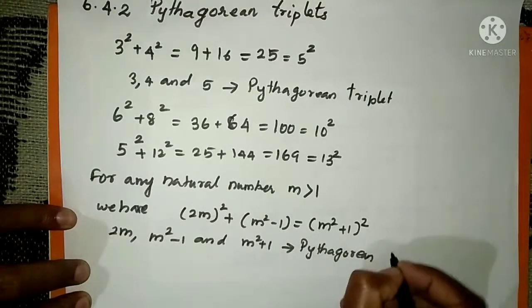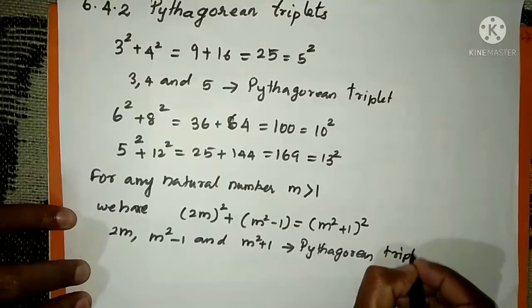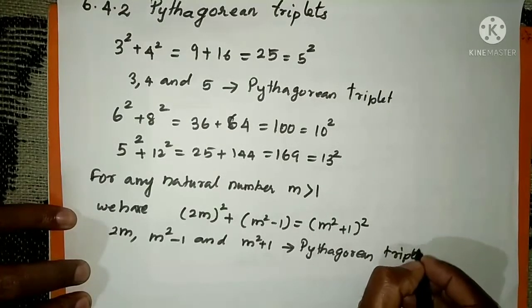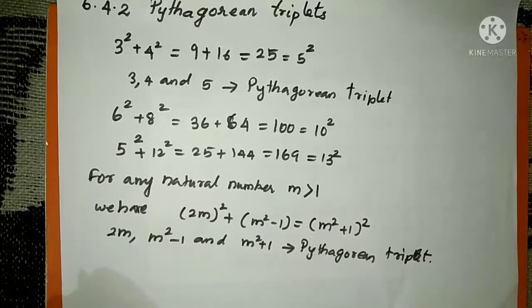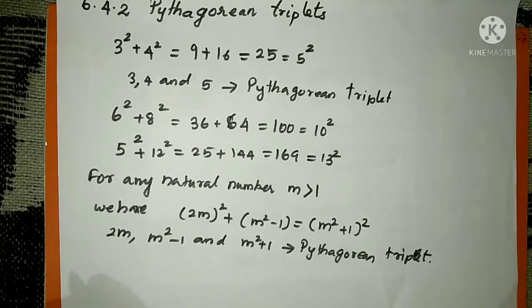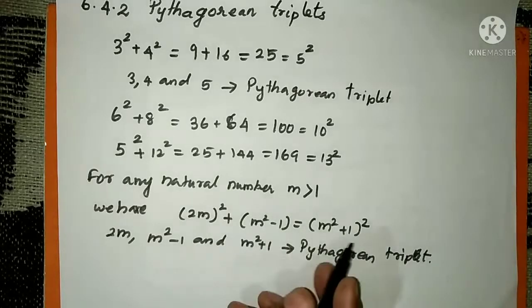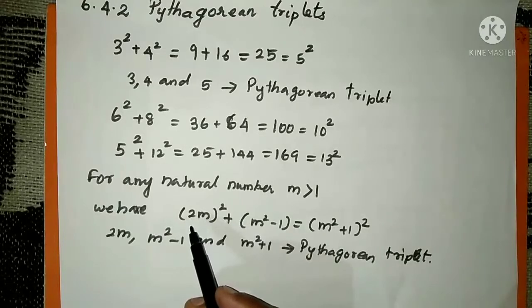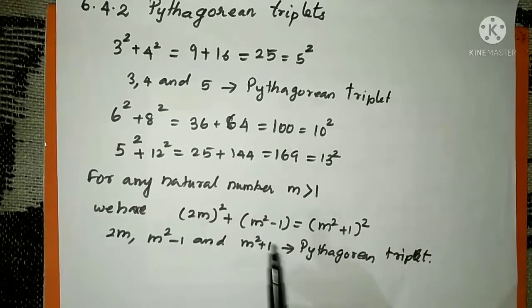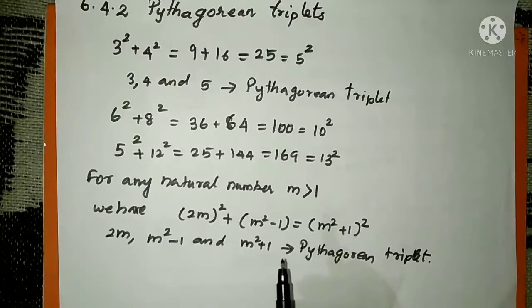So we can say they are Pythagorean triplets. Children, try to find some more Pythagorean triplets using this form. You can substitute numbers greater than 1 for m, and we can find so many Pythagorean triplets in this format.